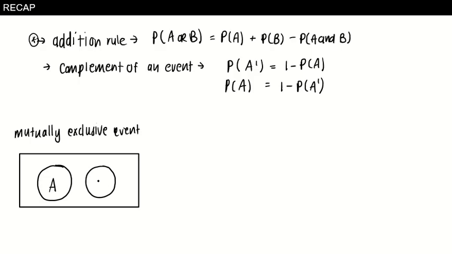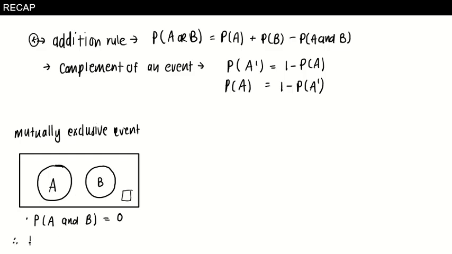This is event A, this is event B. There's no "and" between them. It doesn't say that there's no outliers. There could be outliers, I don't know, but it focuses on the events themselves. So this tells me that the probability of A and B would always equal 0, because there's no intersection. They are exclusive from one another.